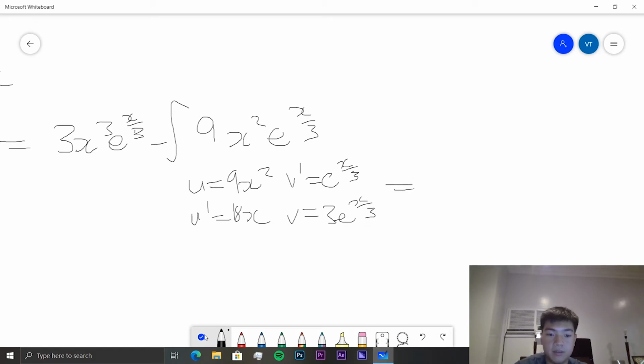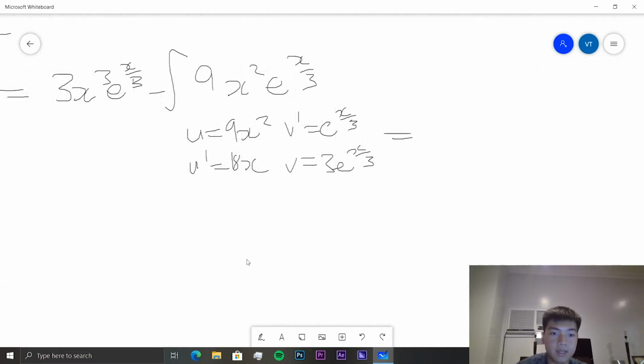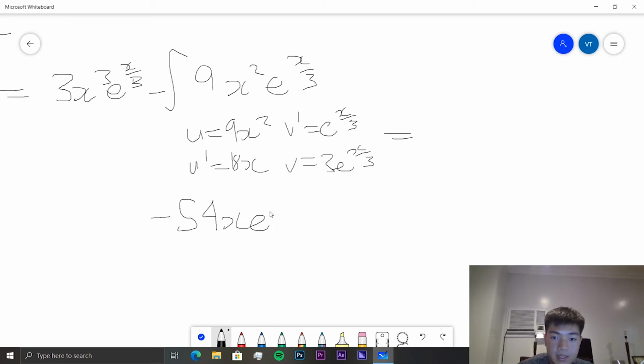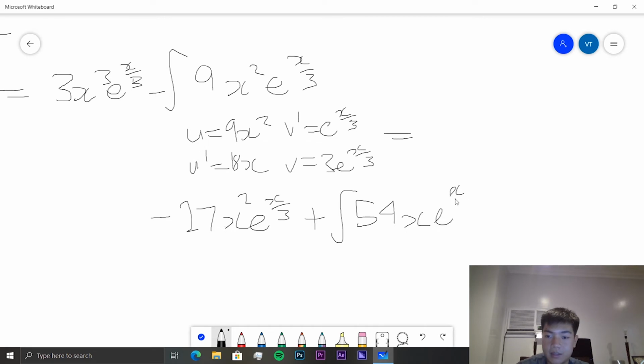So this is equal to minus 18 times 3, 54, x e to the x over 3, and then plus the integral of 9x squared times 3. So 9 times 3 is 27, so this is 27x squared e to the x over 3, and then minus the integral of 54x e to the x over 3.